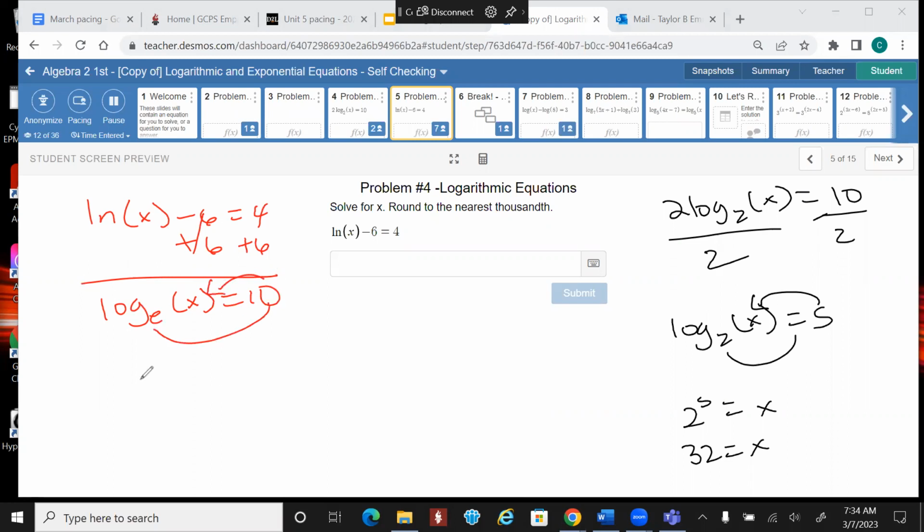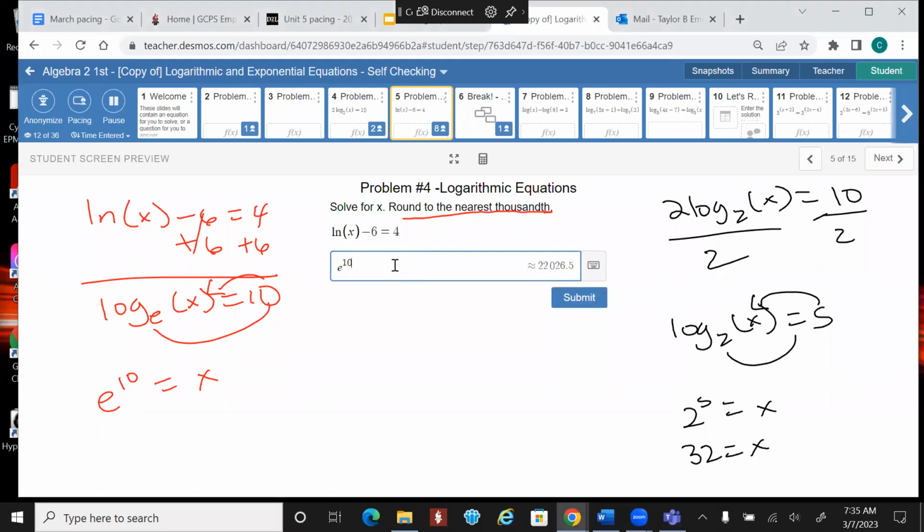And so now I'm going to do the circle of life. So that's e to the 10th power. And they say round to the nearest 1,000. Okay, so when I plug in e to the 10th power, it already tells me it right here, 22,026.5.